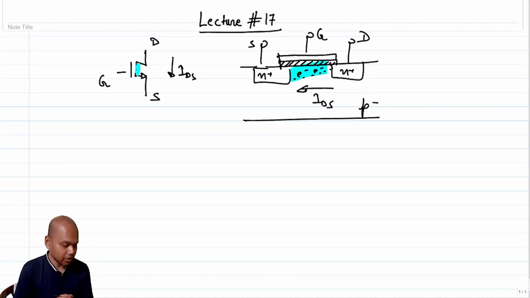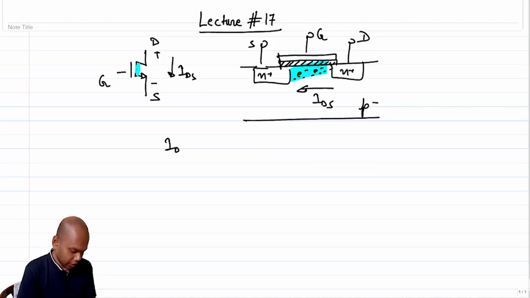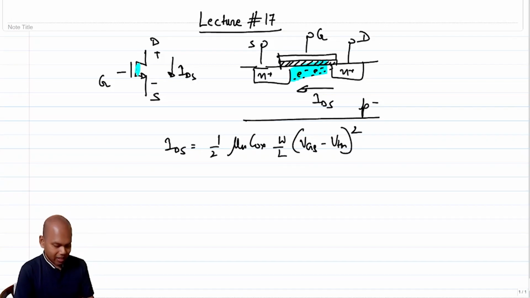Ideally you would expect IDS, when your transistor is in saturation, to be half mu n C ox W by L (VGS minus threshold voltage) whole squared, again neglecting channel length modulation and so on, right?